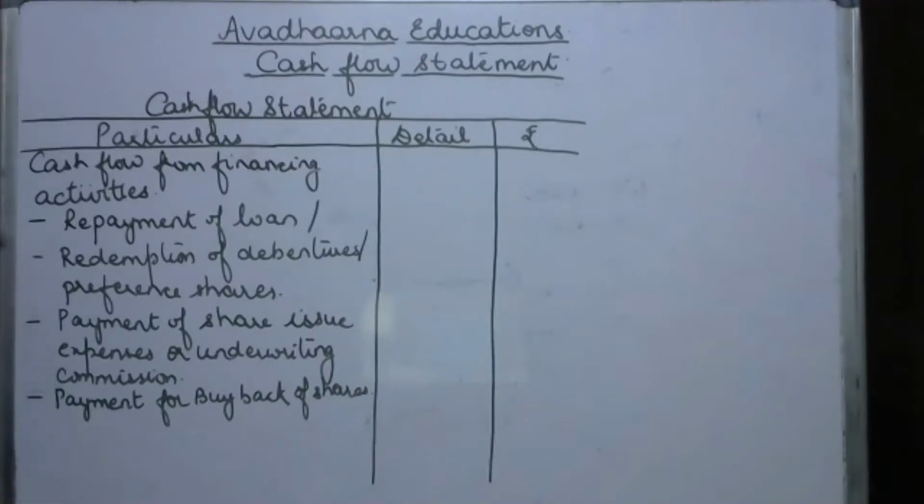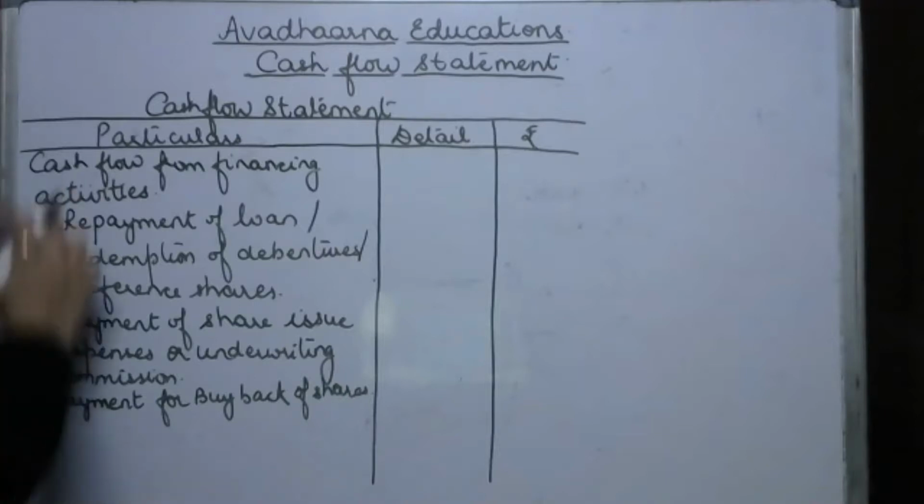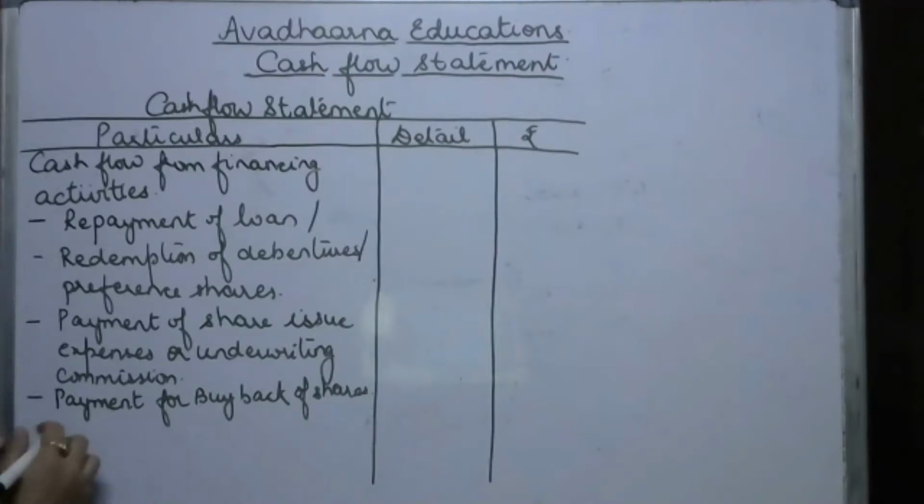Now if the cash inflow is greater than the sum total of all the cash outflow, we are going to have cash flow from financing activity.